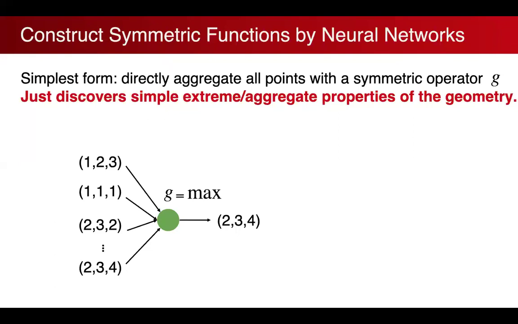In this sense, this simple form of using the symmetric operator g basically discovers aggregate properties of the geometry, such as the max or the sum or things like that, right? But this is effective, but it's not completely powerful. We can do more when doing deep learning with a neural network.